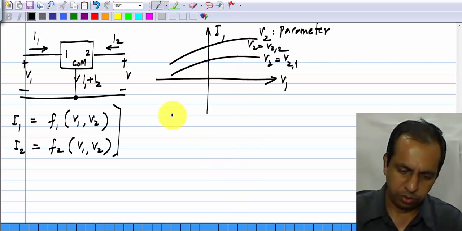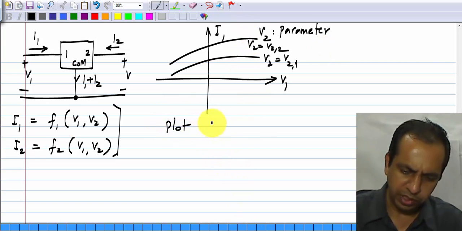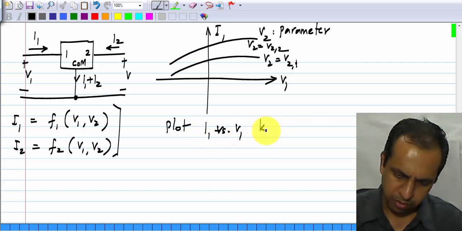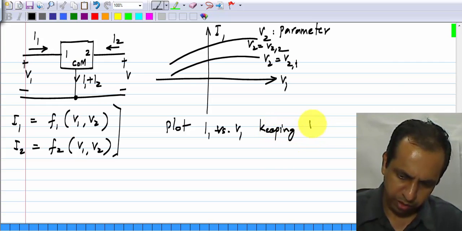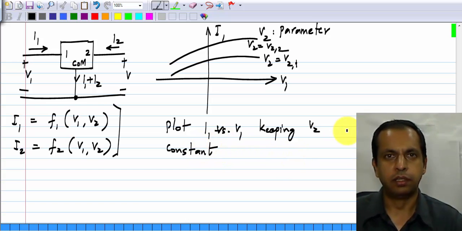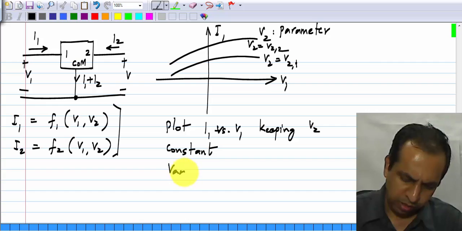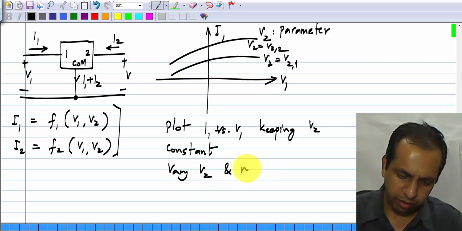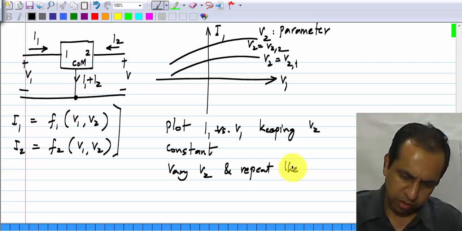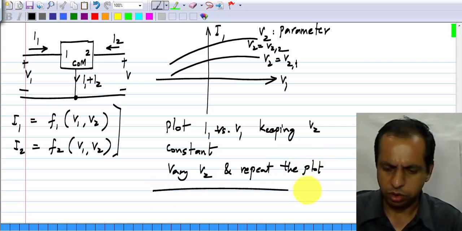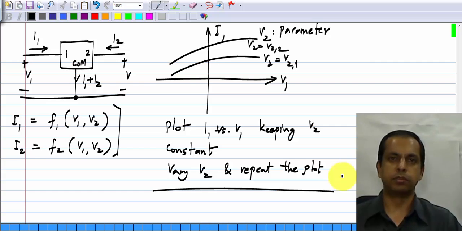So, basically plot I1 versus V1 keeping V2 constant. So, that is a two dimensional plot, one variable versus another variable, and then vary V2 and repeat the plot.